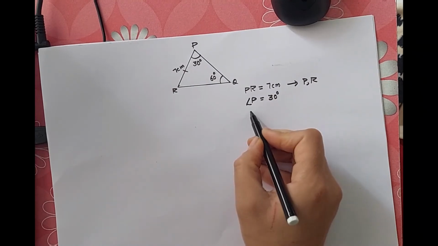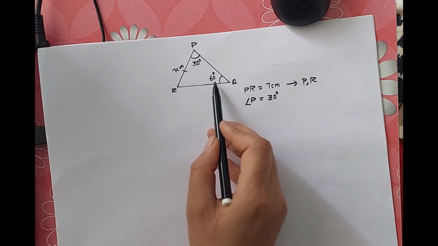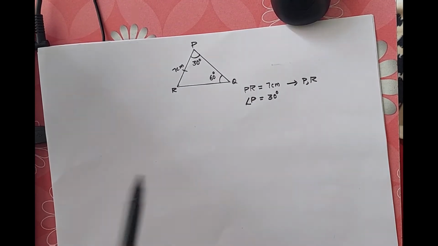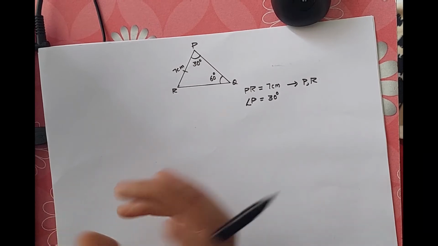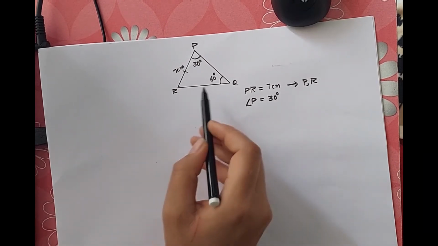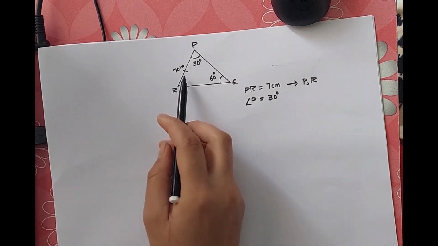We need a second measure to fix Q. But as a third measure in the triangle, we have been given 60 degree, which is to be constructed on Q. So here, how to deal with this? This is a typical question of its own type. What should be given?